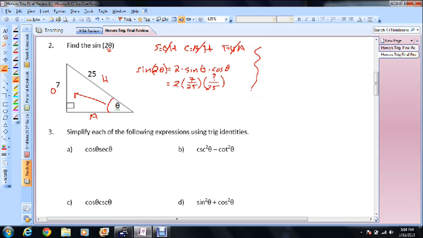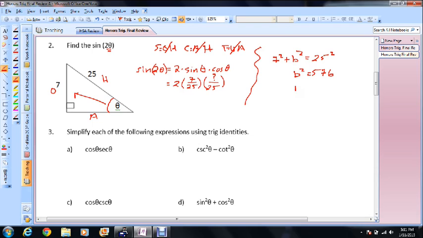So I'm going to come over here and I'm going to write 7 squared plus b squared equals c squared, 25 squared. We subtract the 7 squared from both sides, or really this is just 49, we get b squared equals 576.